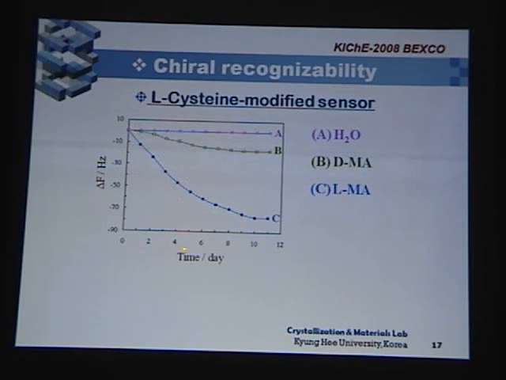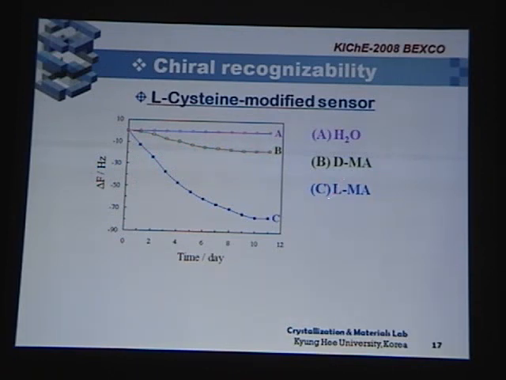The frequency change tendency is similar to that obtained on the alpha-anion modified surface. For pure water, no frequency change was obtained. For D-mandelic acid, the frequency only decreased a little during the beginning of the VDMA reaction period.